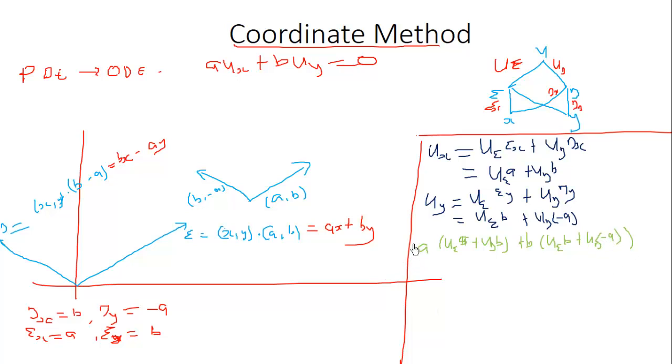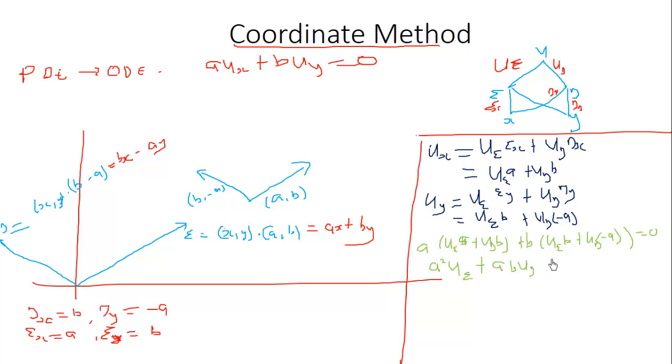So now this is equal to 0. We simplify this now to get a squared u zeta plus ab u eta.